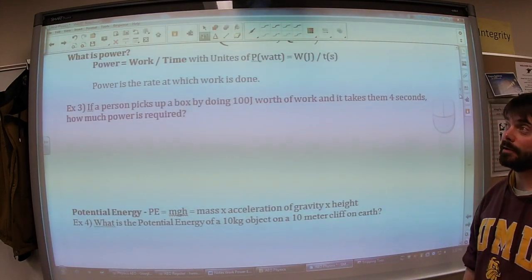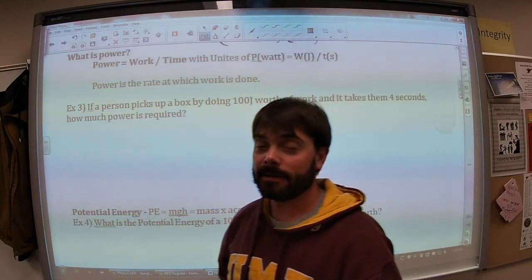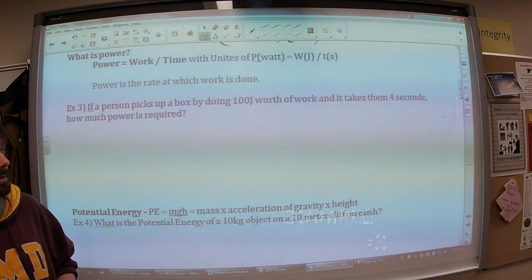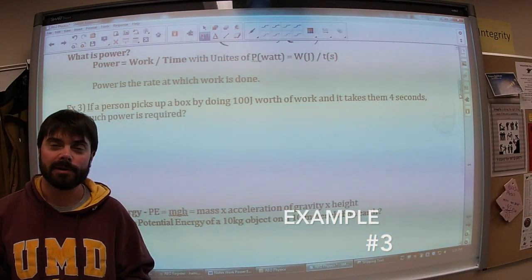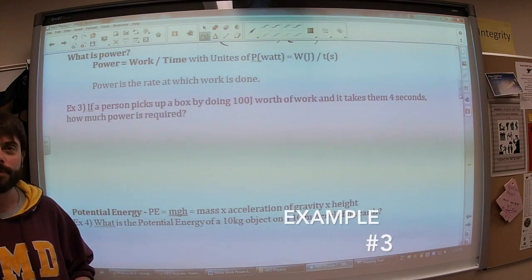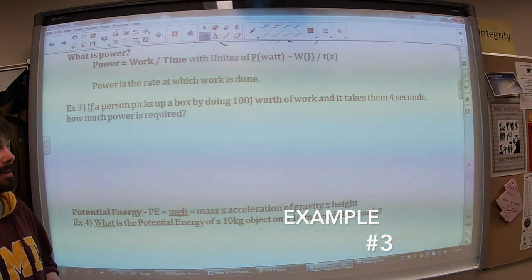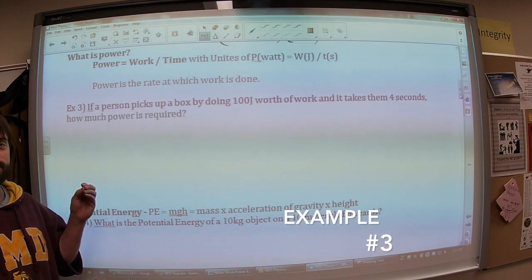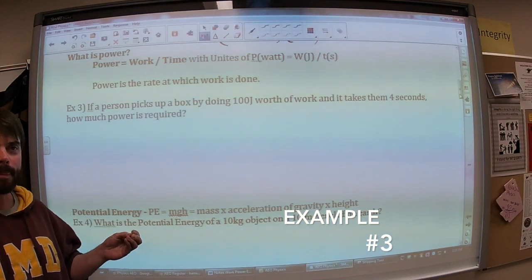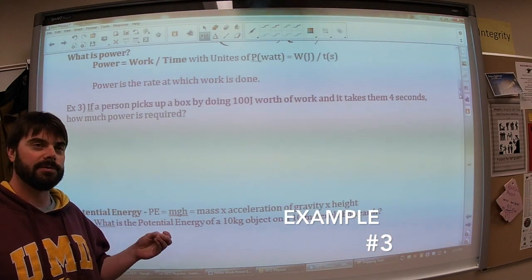The next concept we're going to look at is what is power, and I'm sure you guys have seen or heard of power, whether it's on light bulbs or microwaves, or you hear things about the power company or whatever it may be. Power is a rate at which you consume energy, or the rate at which you do work.